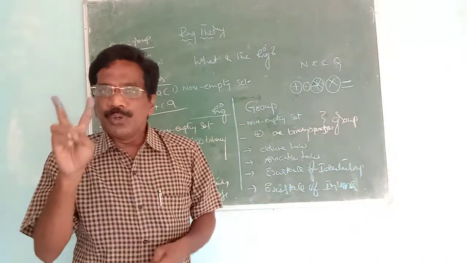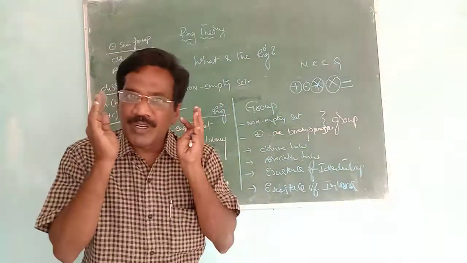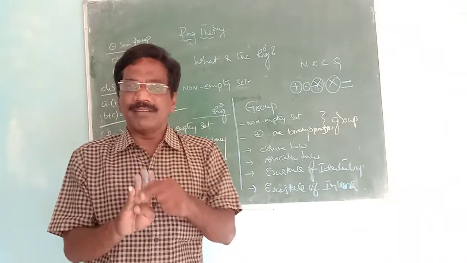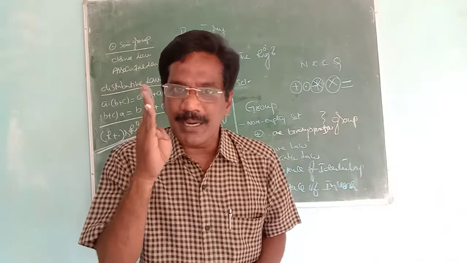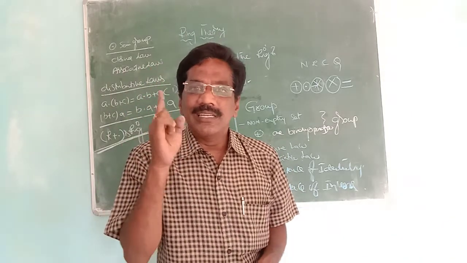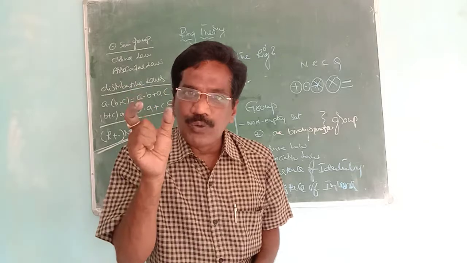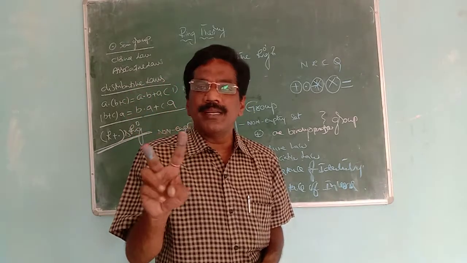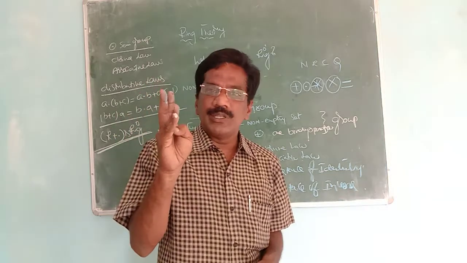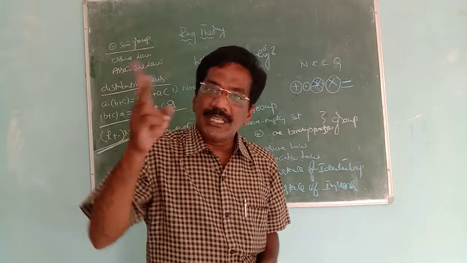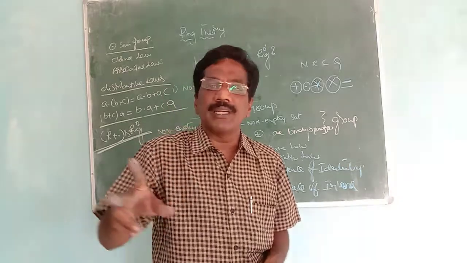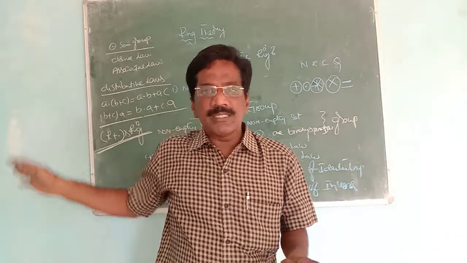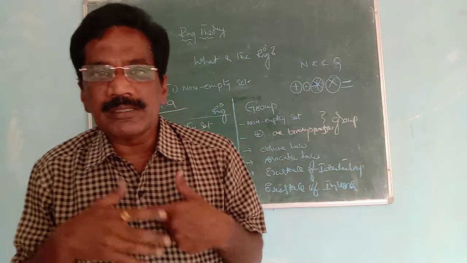But in the ring, two binary operations are used. According to addition, the four conditions, closure, associative, identity and existence of inverse, are satisfied, so R plus is a group. According to multiplication, two conditions, closure and associative, are satisfied. And for addition and dot, the two binary operations, the right distributive law or left distributive law holds.